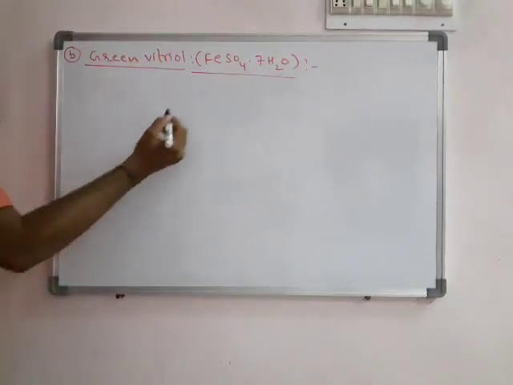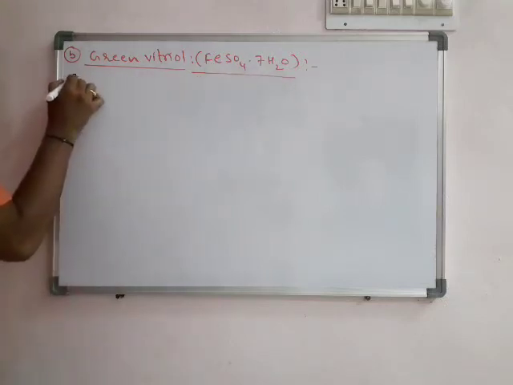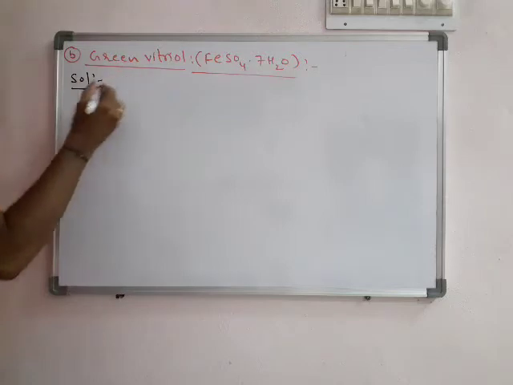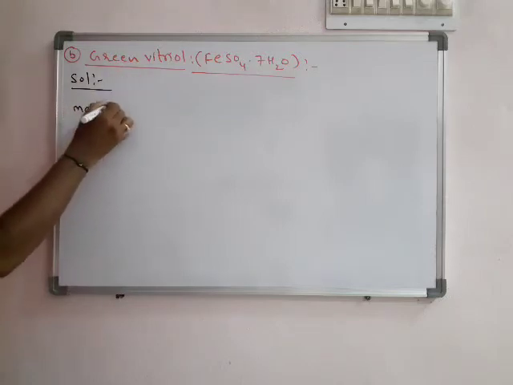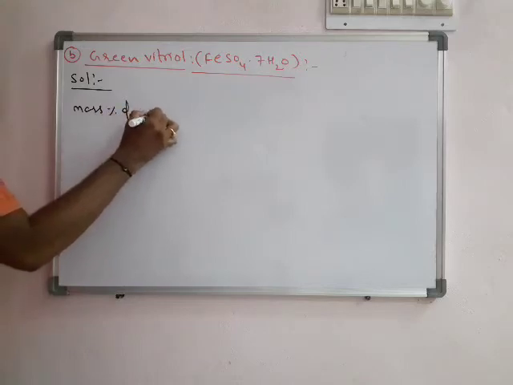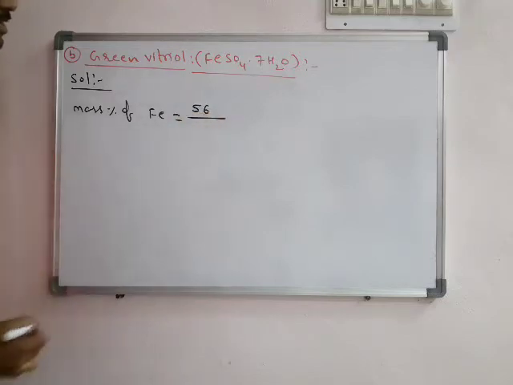Again here how many elements are there? Iron, sulfur, oxygen, hydrogen. So we need to calculate the percentage of all elements. First calculate the mass percentage of iron. How many irons are there? Only one iron. What is the atomic weight of iron? 56.